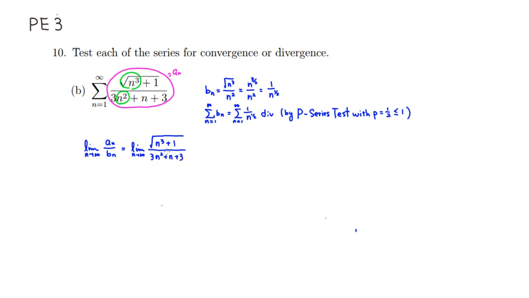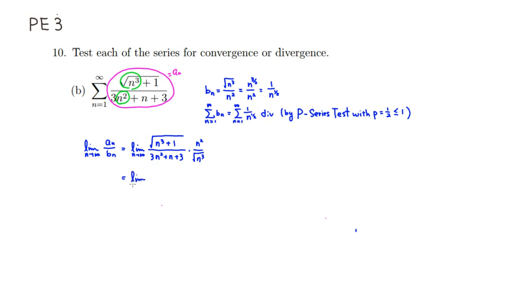Then divide by bn, so I'm going to multiply by its reciprocal. bn is this one right here, so I'm going to put n squared on top and the square root of n cubed on the bottom. I like this form better than the simplified form. Next, I'm going to group things together.